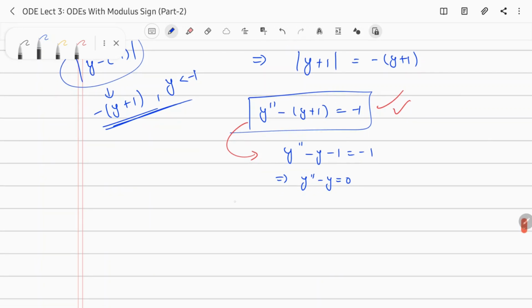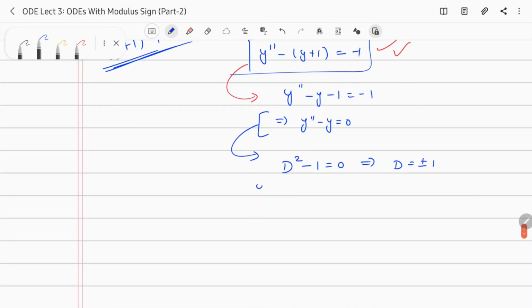Solving this, there is a very specific process. If I write the auxiliary equation, it will be D squared minus 1 equal to 0. In that case our D will be plus or minus 1.